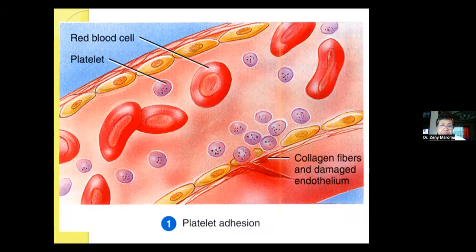But before that, take a look at the platelets. The platelets are separate from one another, but when there's injury, they start to go closer to one another. That is called platelet adhesion. Okay? So they go closer to one another. That is platelet adhesion.